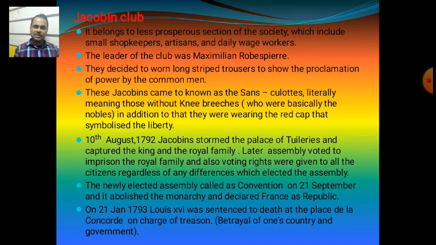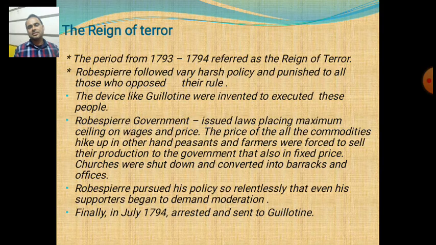So see, these are a series of developments happening in France. Afterwards, when the Jacobins came to power, they transformed France into a republic state. But their era too was not that sound, as we can see.